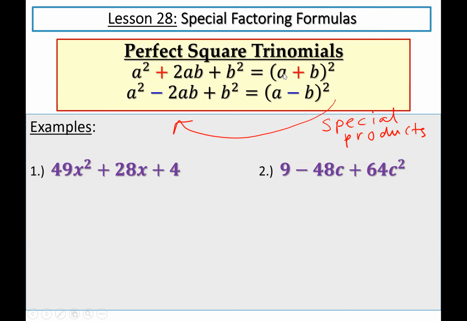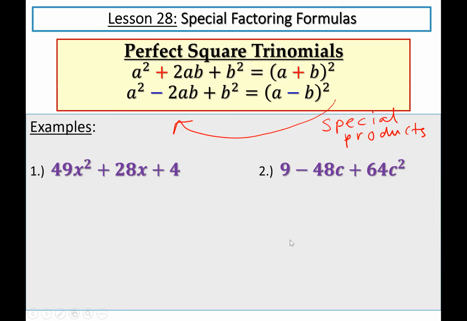So please remember, when you square a binomial, when you start off with a plus b squared, one way you can simplify an expression like that is to write it twice and then FOIL or distribute. When you do that, a plus b squared turns into a squared plus 2ab plus b squared.